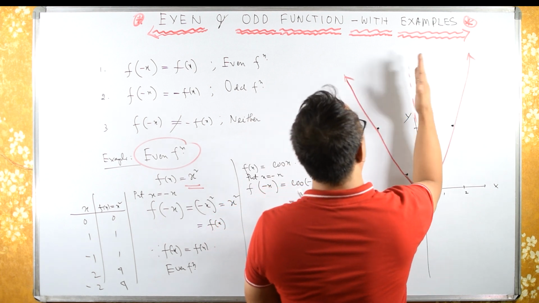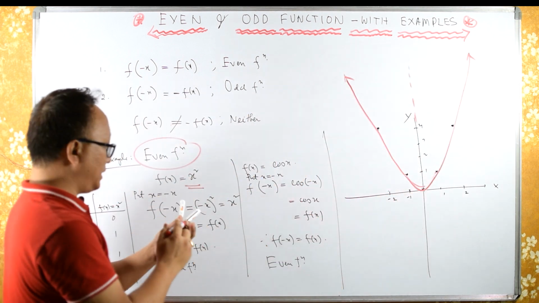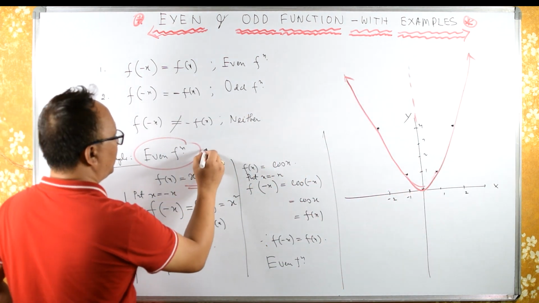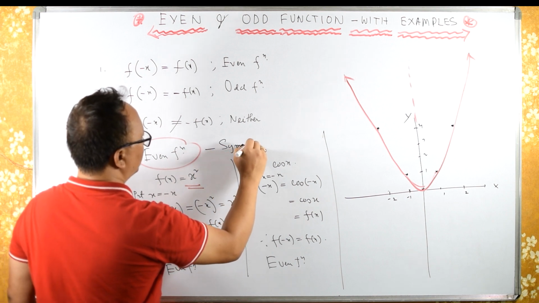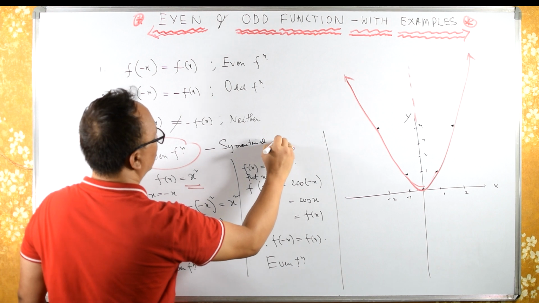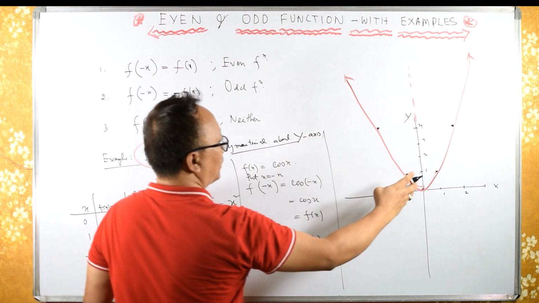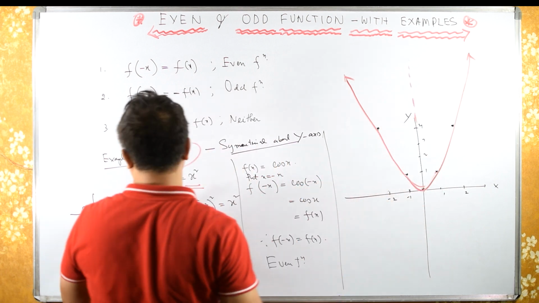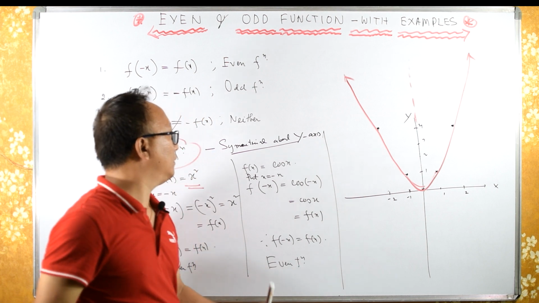You can flip this section like this, and this section like this. Therefore, for even functions, the graph is symmetrical about the y-axis.